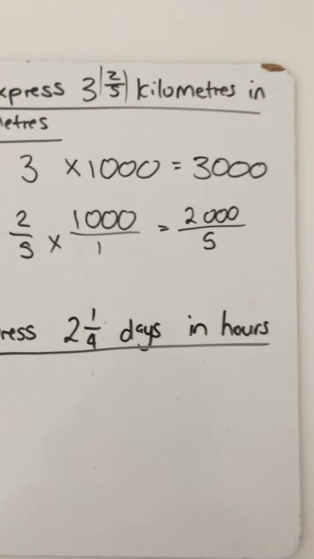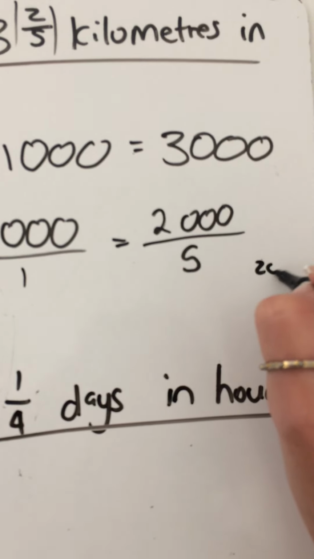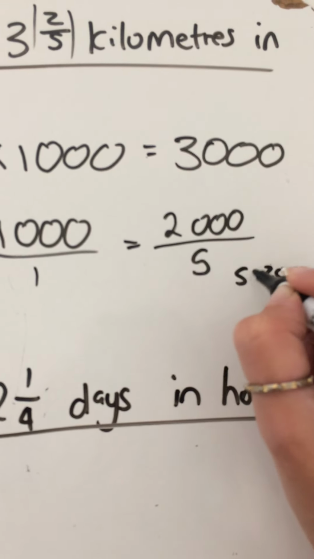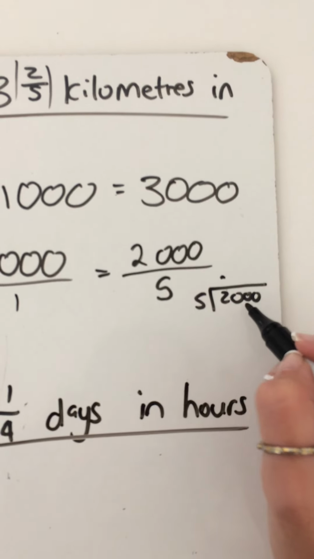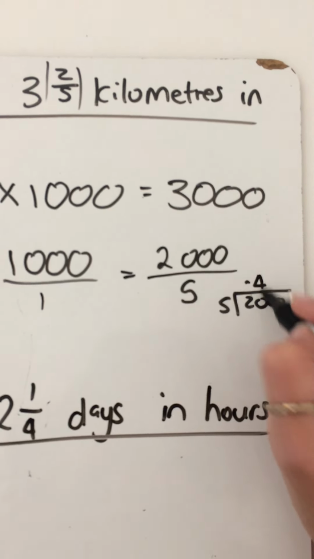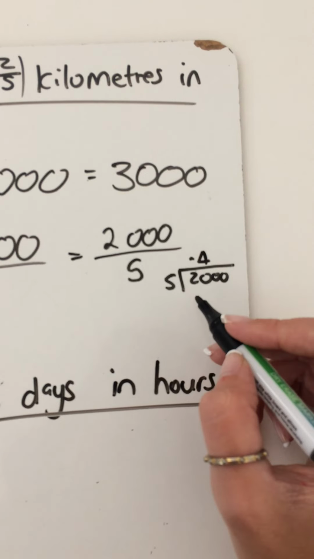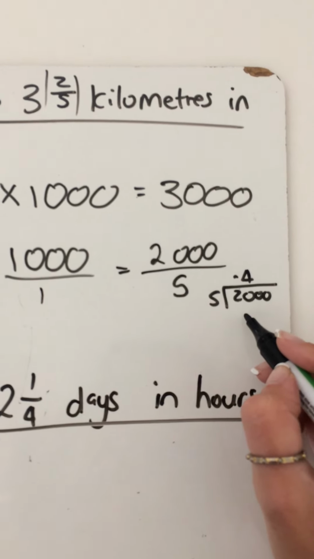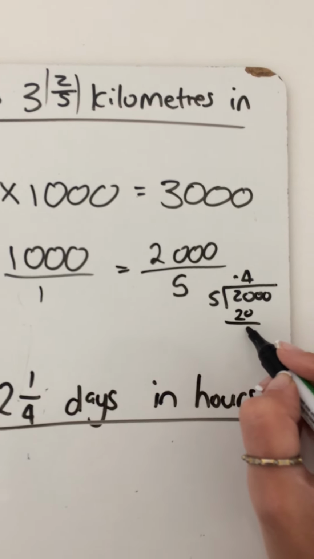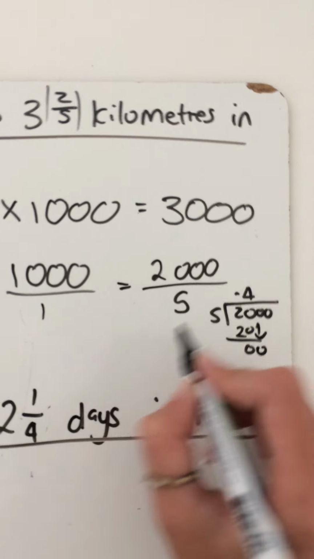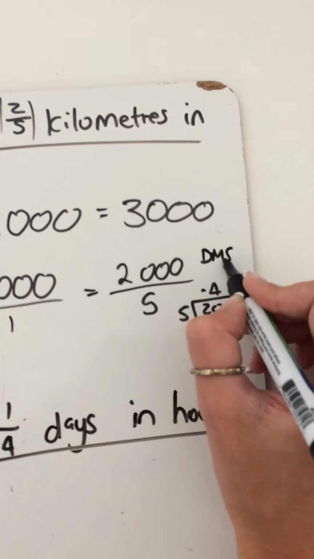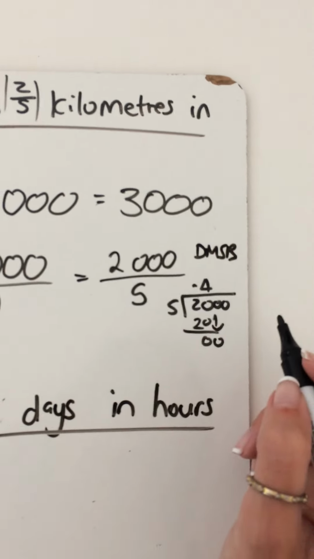In order to do this, I can use long division. 2,000 divided by 5. 5 into 2 can't go. 5 into 20 goes 4 times. 4 times 5 is 20. Subtract, 0, bring down the 0. Remember, we're doing daddy, mommy, sister, brother in long division.